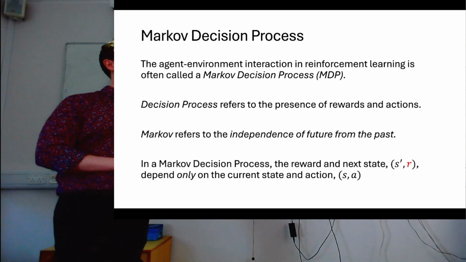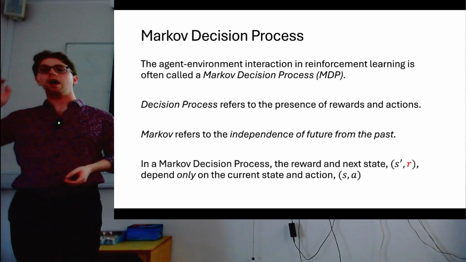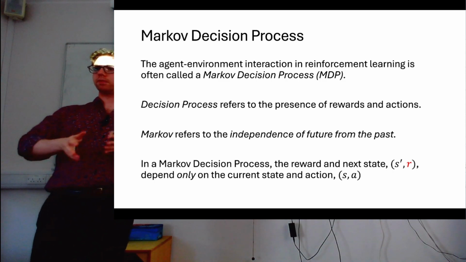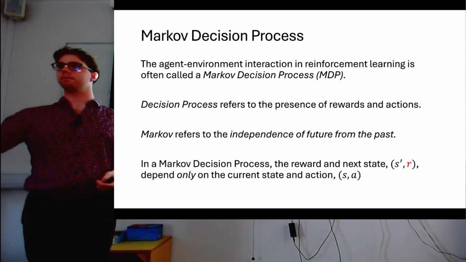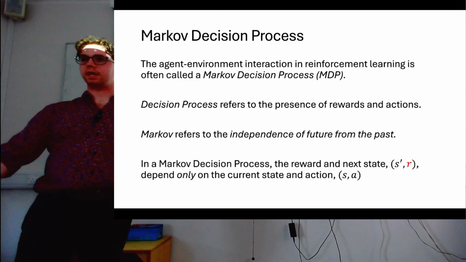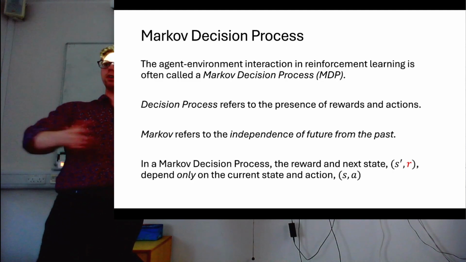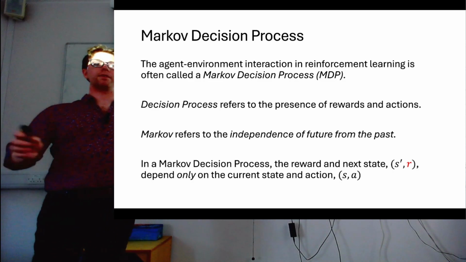A good example of this is chess. In chess, if the board is set up a certain way, and I make a certain move, I move my queen a certain way, the new board state that I end up in doesn't depend on how I got to that previous state. It's the same independent of how I got there.